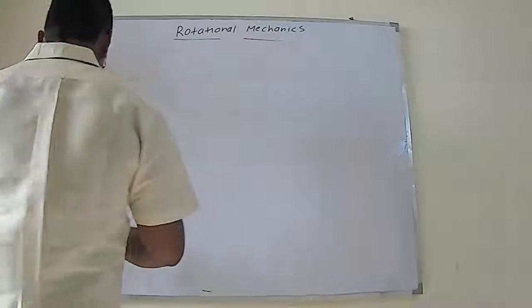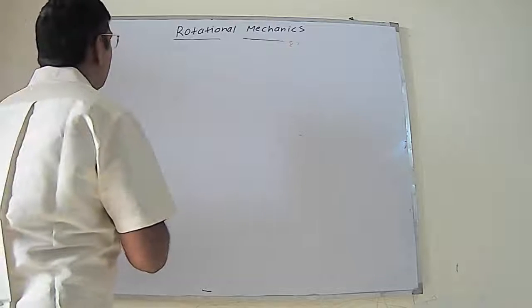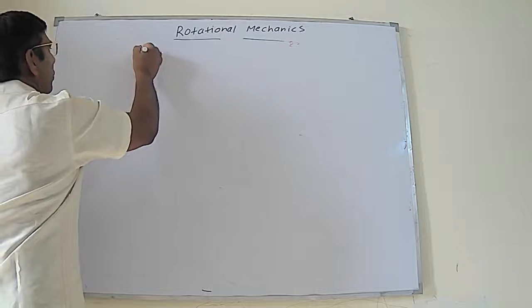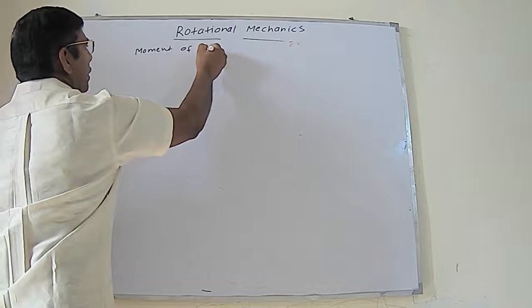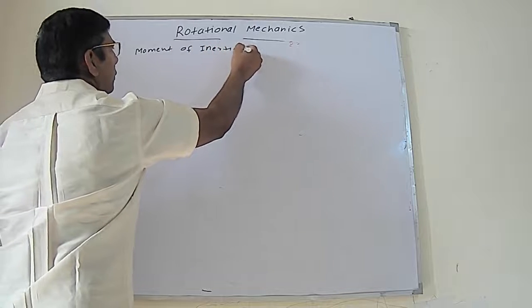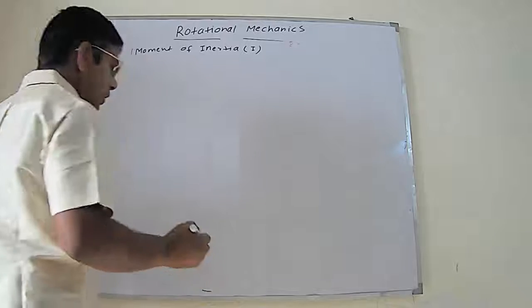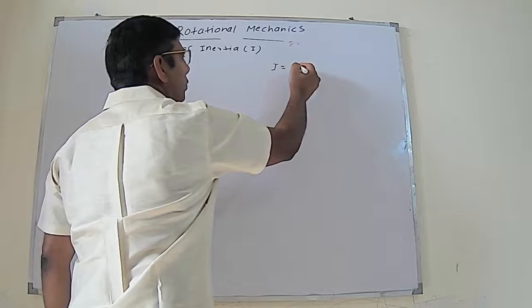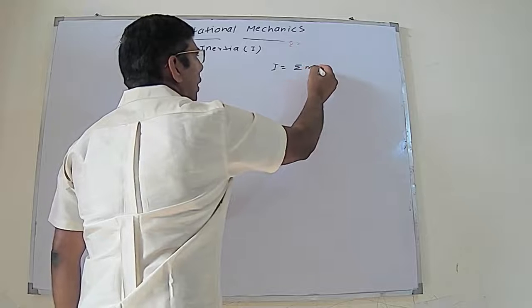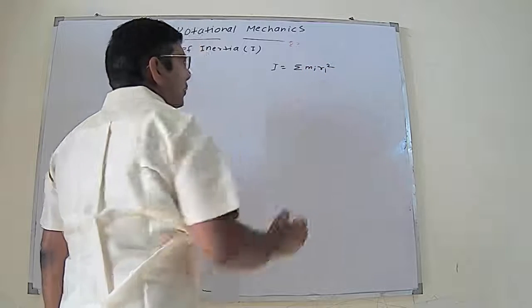So we can write the moment of inertia I. We have derived that I is equal to the sum of mi ri square.